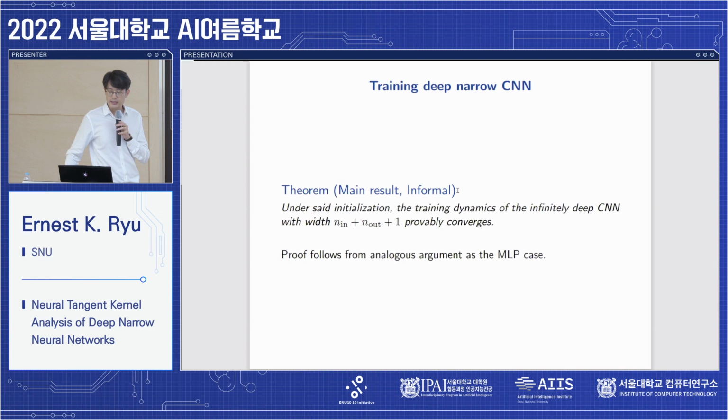I would say this is essentially the same exact result, although the equations for the CNN become much more complicated because convolutional filters in deep learning are indexed by 4 indices, so you need to keep track of all the different indices. But the core insight that goes into the proof is exactly the same as in the MLP case.